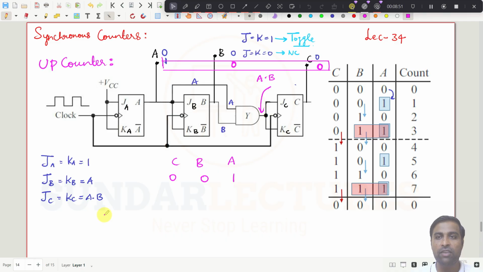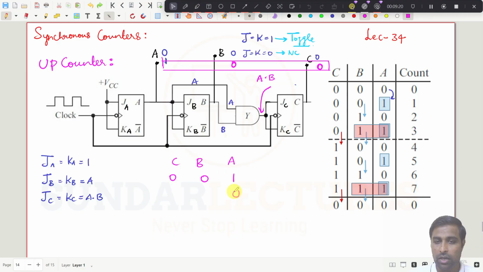Now if I give another clock pulse, what happens? It is very simple, since JA and KA are connected to 1 by default, so it is going to toggle for the next clock pulse.